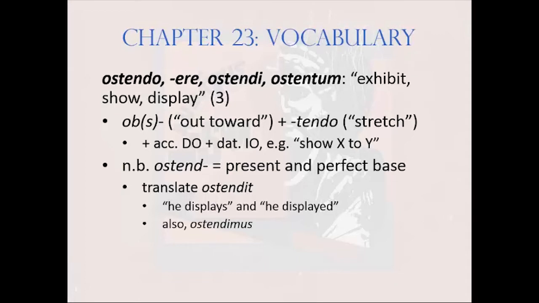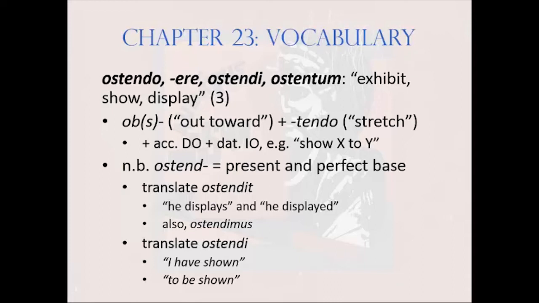The same holds true for ostendimus, we display, or we displayed, have displayed. Now translate, please, ostendi. If you take the ostend base here as perfect, it means I showed, I have shown. But if you interpret it as the present base, ostendi translates as to be shown, the present passive infinitive.